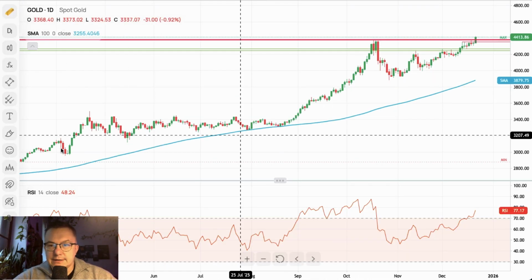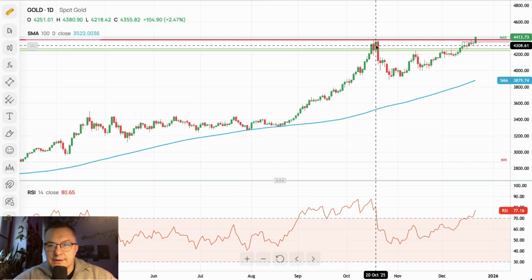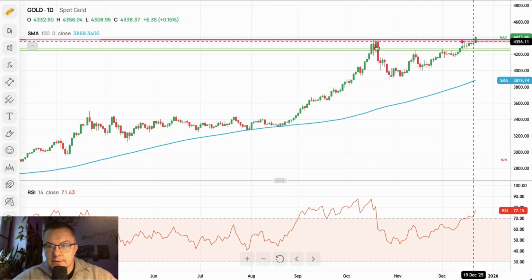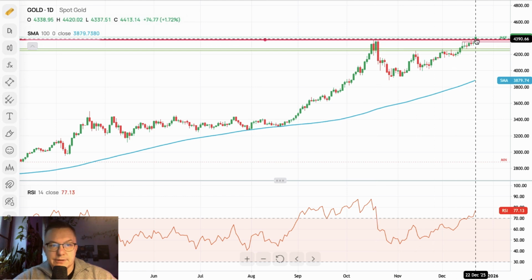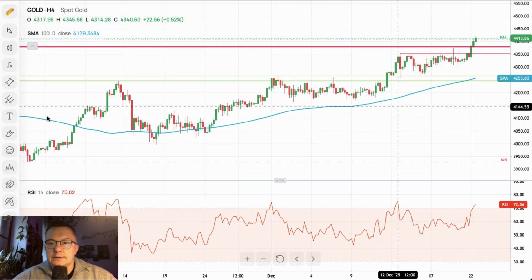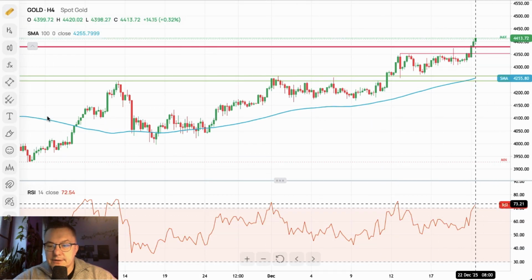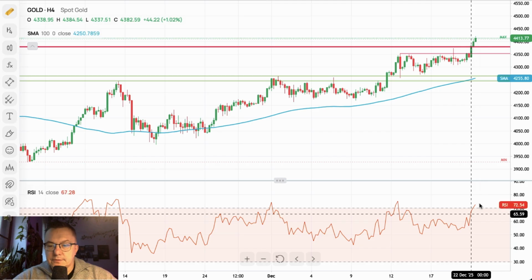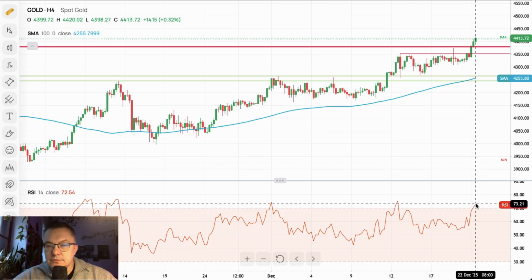You can take a look at the daily time frame chart. We finally broke above the swing high from October 20th, 2025. A new high was made today at 4,420. This is a marginal new high, nevertheless made on extremely high momentum that hit extremely overbought conditions.